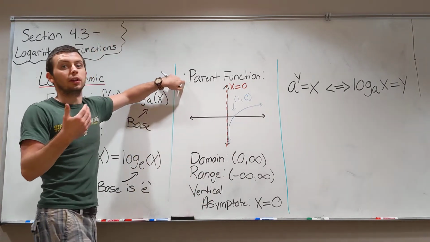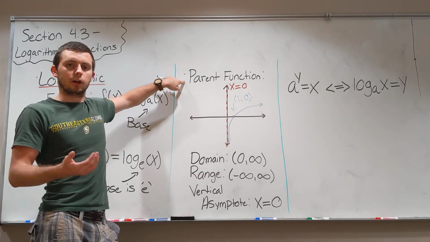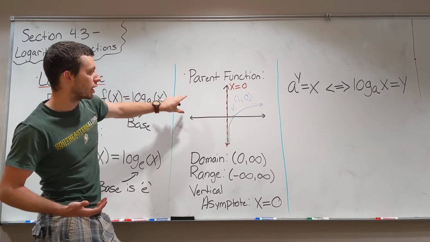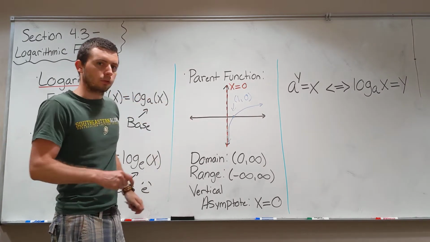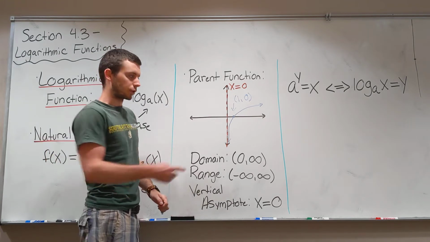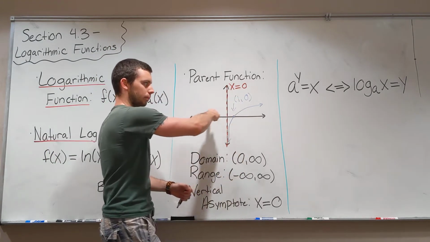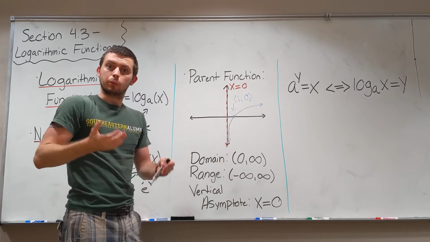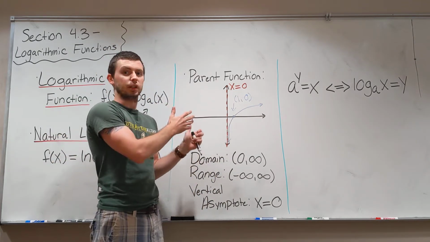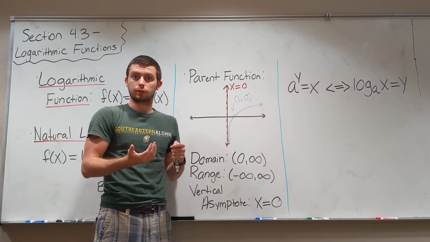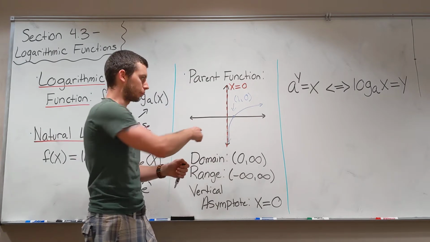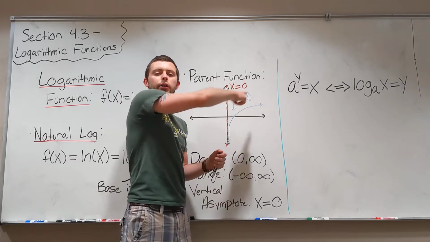So we move on. Again, I'm adding another parent function to the library of functions, in the shape of this one. Before we had an exponential function, which had a shape like this, but one of the consequences of the inverse relation between exponentials and logarithmic functions is that they are symmetric with respect to a diagonal line.